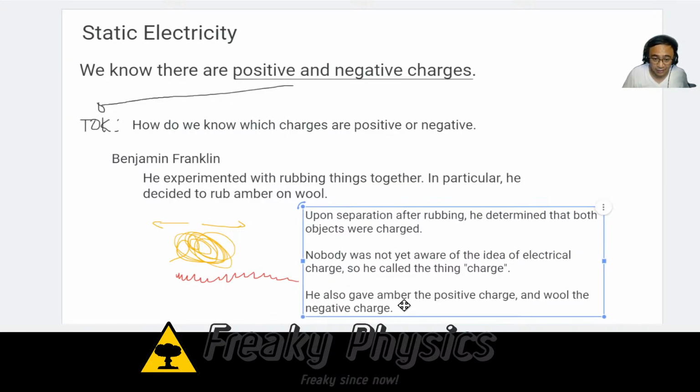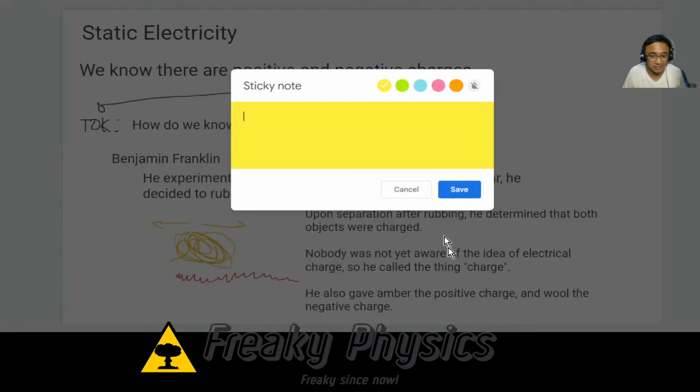However, there's something wrong with what he did. He thought that a positive charge had to be transferred. It could be both, right? Actually, no. It's the negative charge that's transferred.